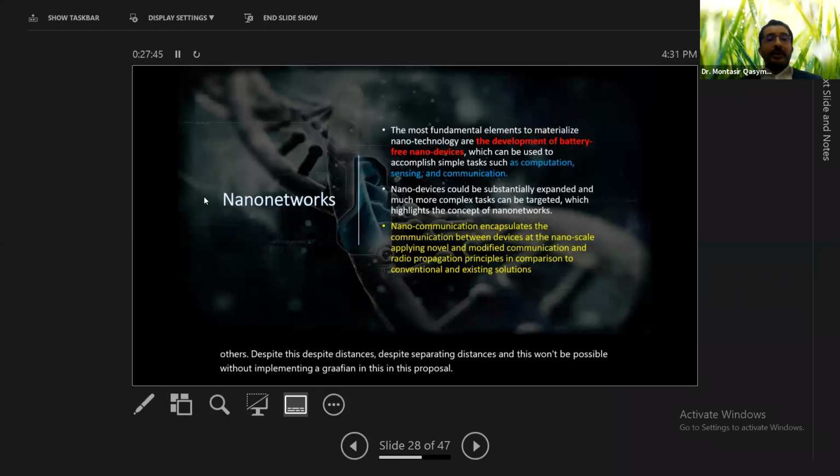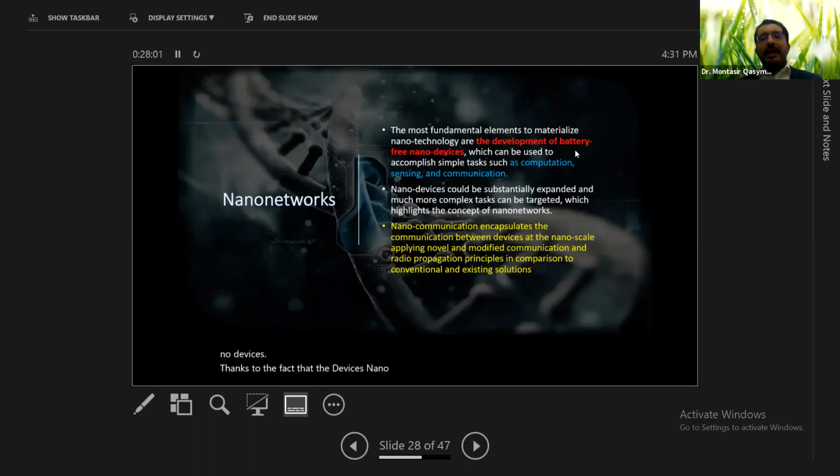So also you can have a nano network. The most fundamental element to materialize nanotechnology is the development of battery-free nano devices. Thanks to the fact that the device is nano-wise, it consumes the least amount of energy, and thus you either have a long-life battery, or it could be without battery, relying on harvesting energy from the environment.